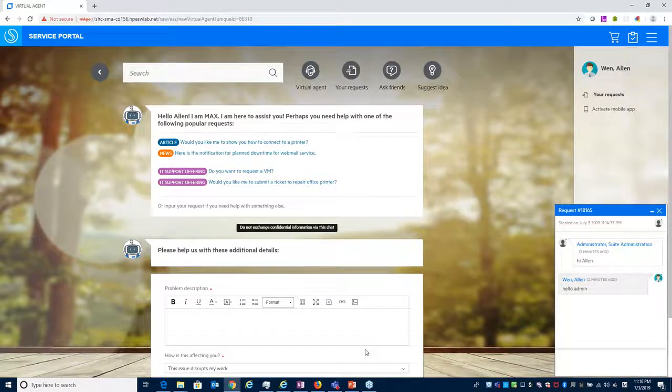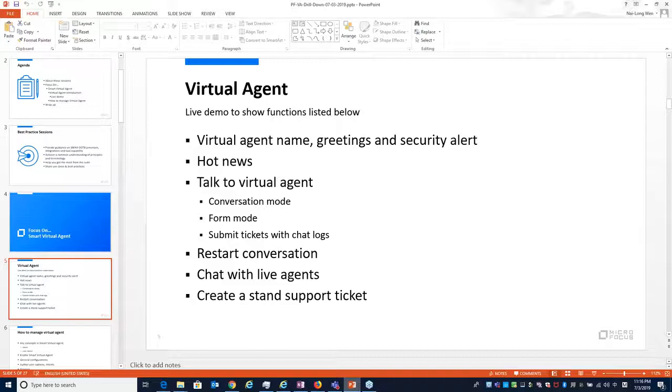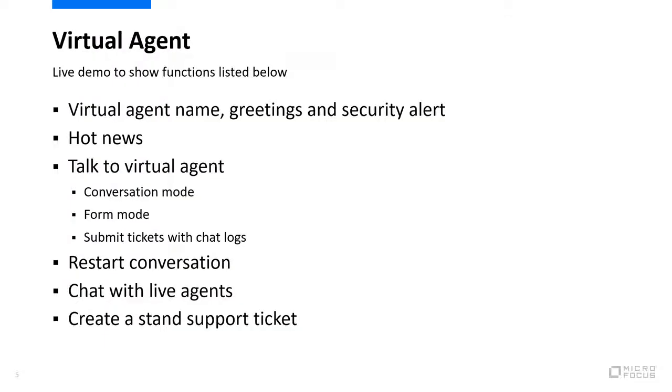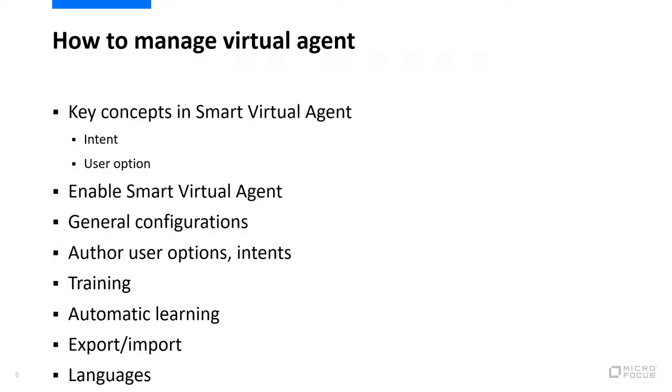And next, I want to move on and switch to the second part. That means how to configure or how to manage the virtual agent to make the virtual agent behave like Max in the customer's instance. So again, I listed several topics for this part.